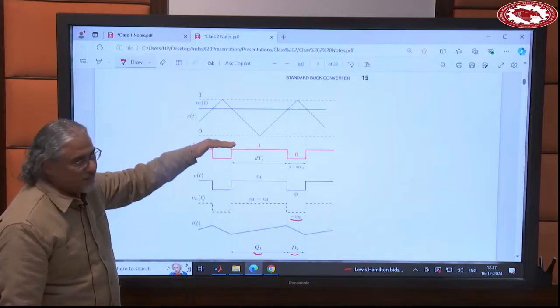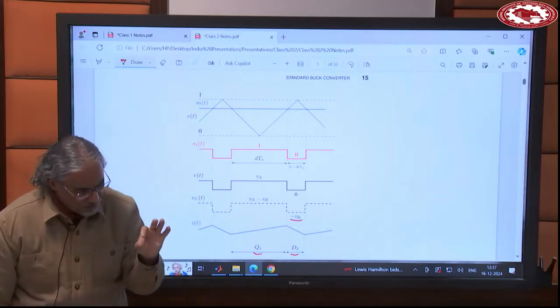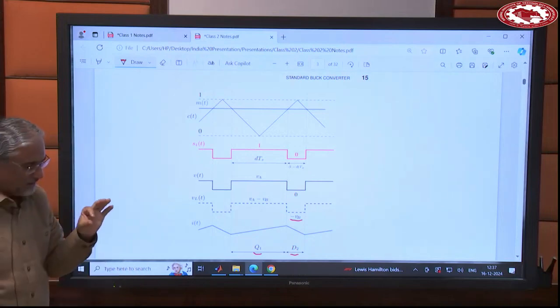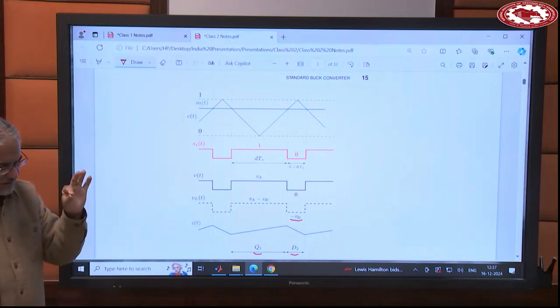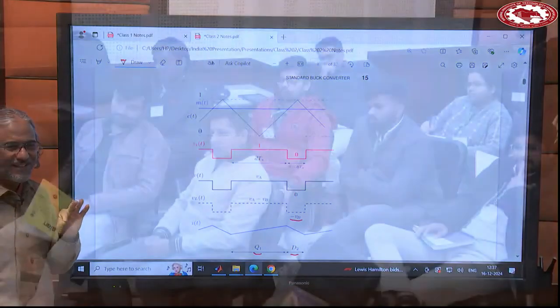If you decrease M, you decrease the current. So you see, this is a very fine control point, M of t, that by increasing it, you can increase the current. By decreasing it, you can decrease the current. That's basically the beautiful thing about PWM, that we like it and we use it. Okay.